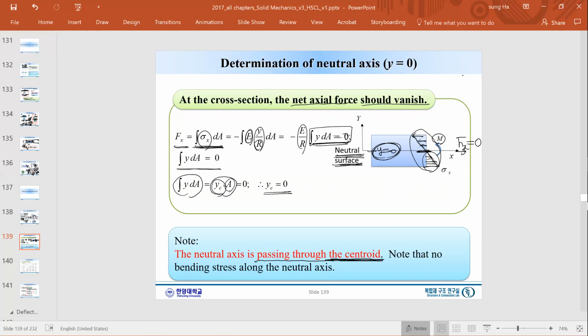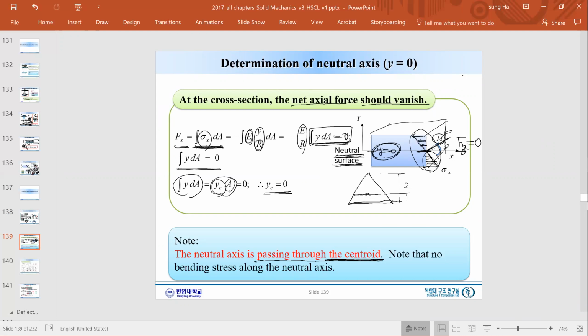So if the cross section is rectangular, this neutral axis is always at the centroid, which means this one and that are the same. And if the cross section is a triangle, then the neutral axis is located at the 2-to-1 ratio.